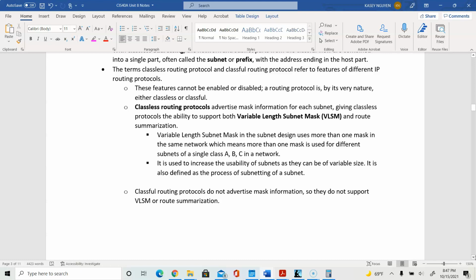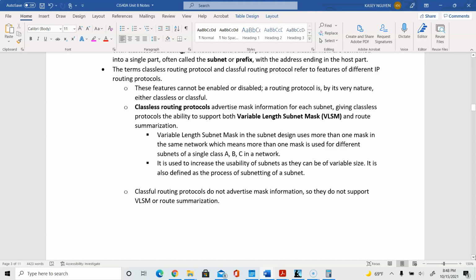So it would also be used to increase the usability of the subnets. And VLSM is mostly used in a network where we would have multiple subnet masks.